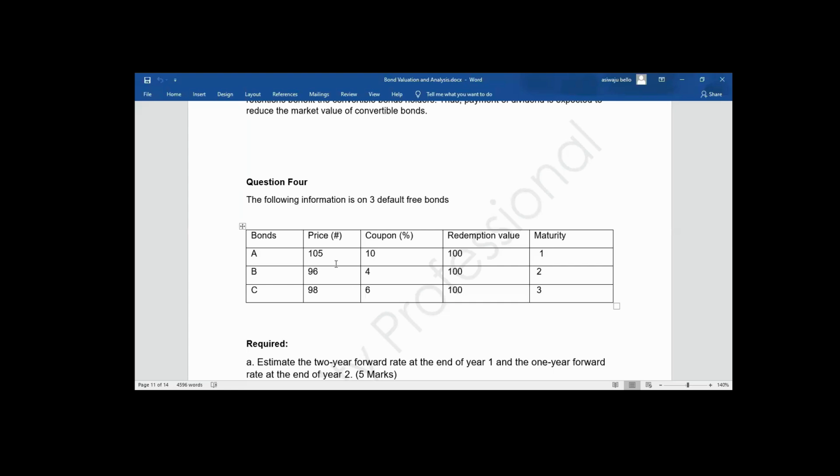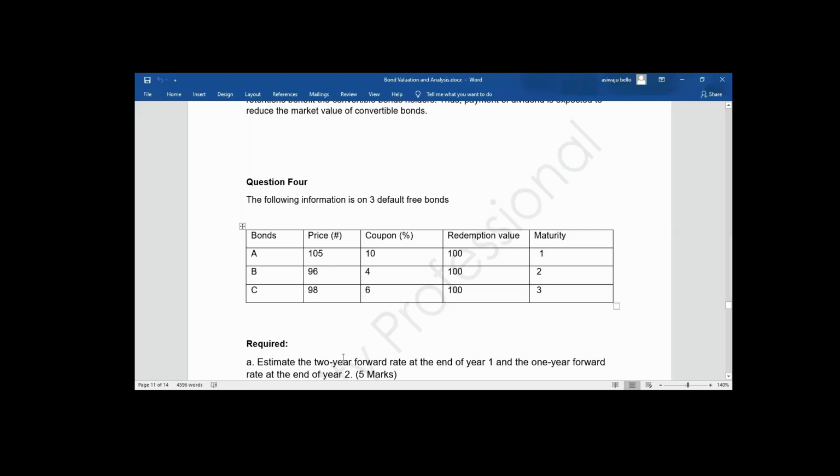Bond B. The current price of bond B is 96. The coupon on bond B is 4%. Redemption value of bond B is at par. Maturity of bond B is 2 years. We are giving bond C also.